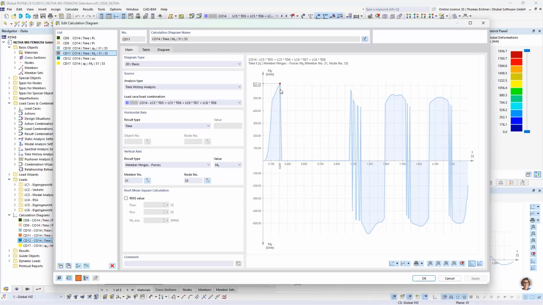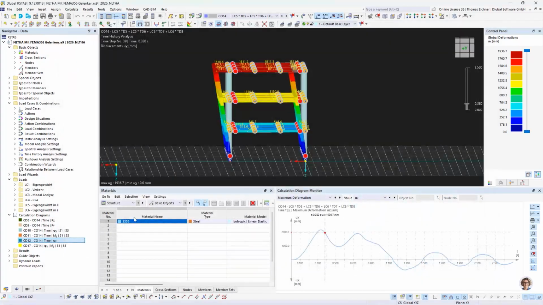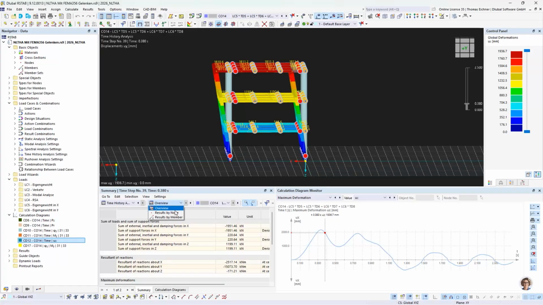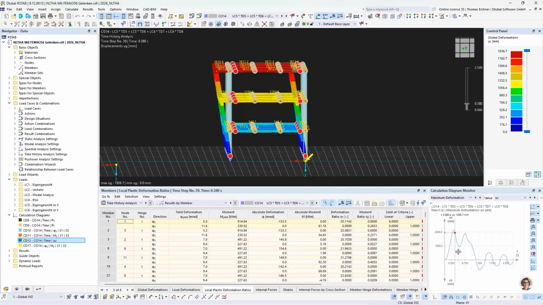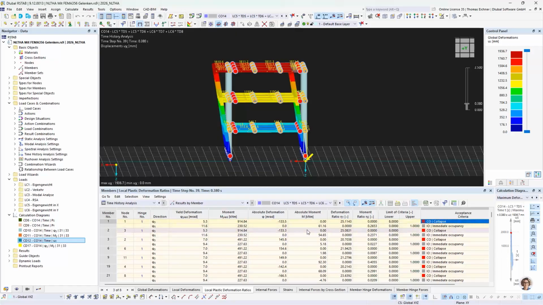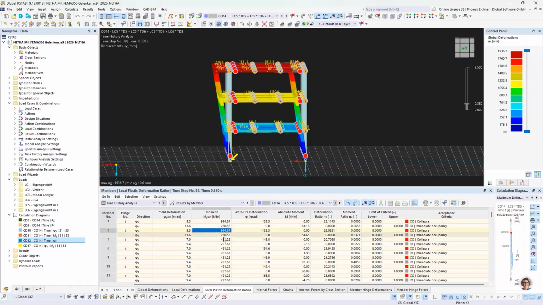What we see here is that the non-linearity of the hinges is considered at that point, also with the maximum moment. For the hinges themselves, the results can also be inspected within the results by member, the local plastic deformations, and there we have, if it's collapsed, what's the yielding moment in Y direction and Z direction, and so on.